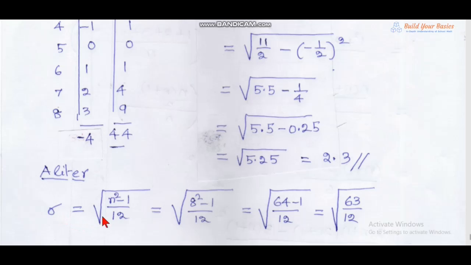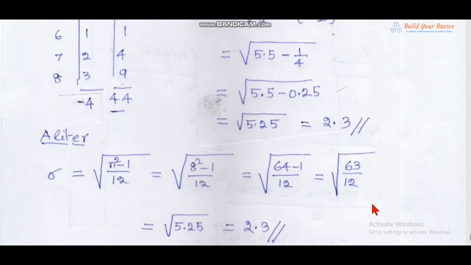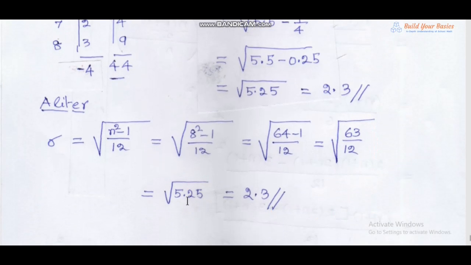Here n equal to 8. So square root of 8 square minus 1 by 12. That's equal to square root of 64 minus 1 by 12. That's equal to root of 63 by 12. That is square root of 5.25. That is 2.3. We get the same answer. That's all.